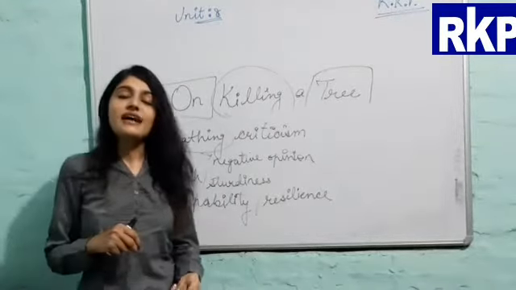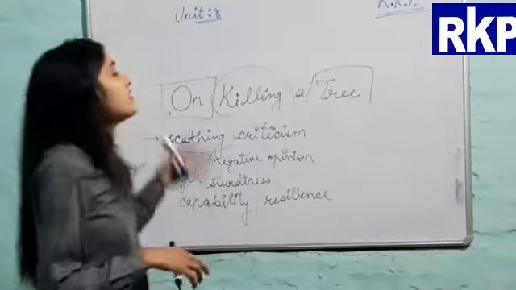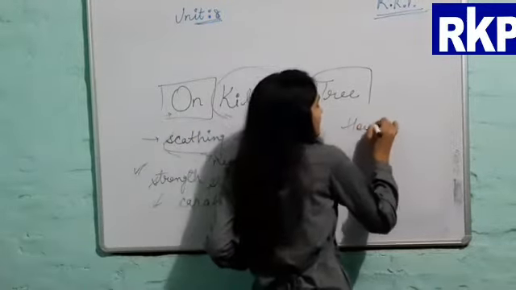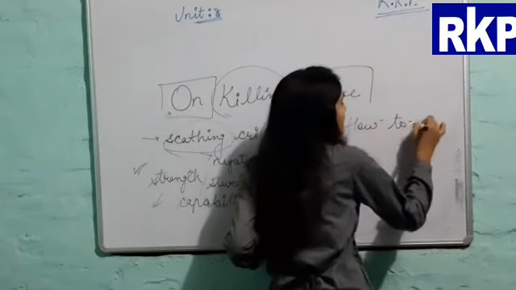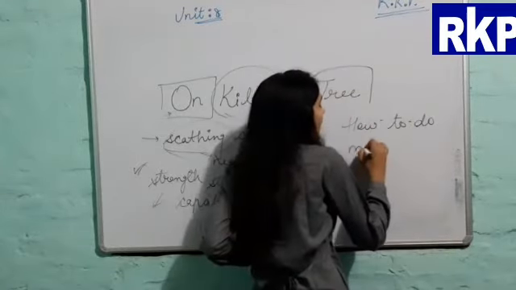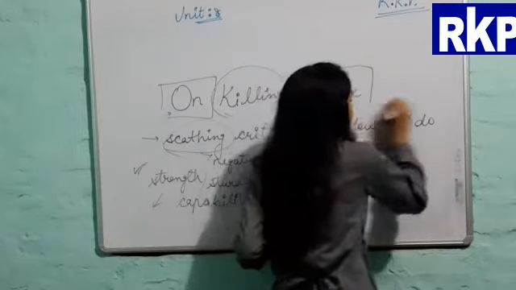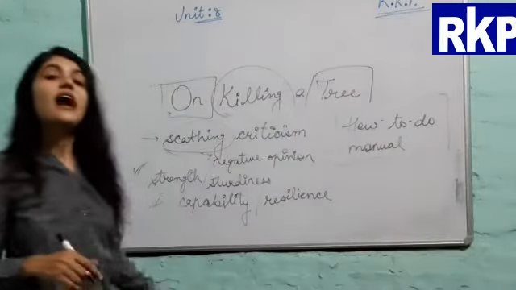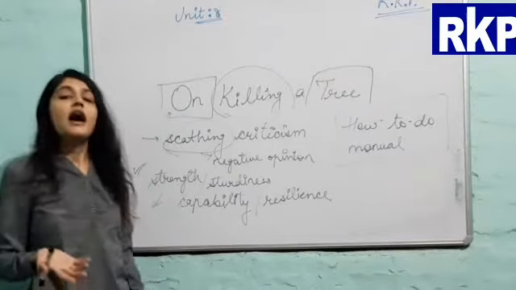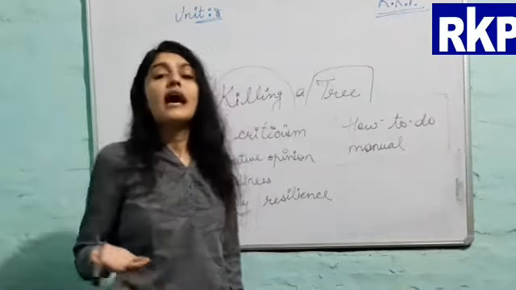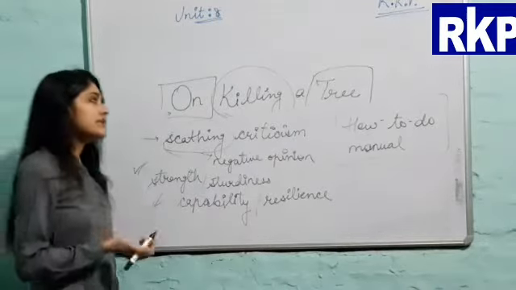The next thing that we get to see is that this poem shows us a how-to manual. As we have talked about in the title as well, it is a how-to manual on cutting, of killing a tree. How to cut a tree, how it will behave, and what will happen to it after your action is completed.